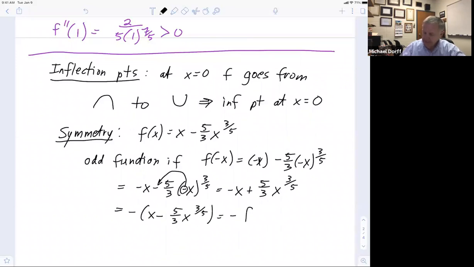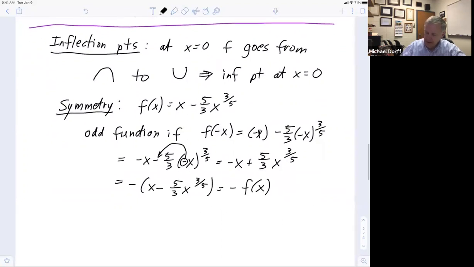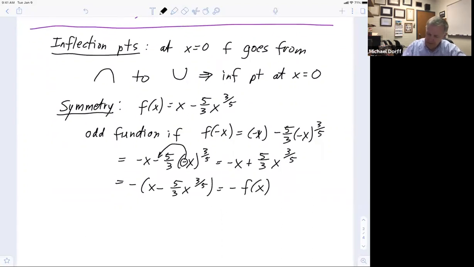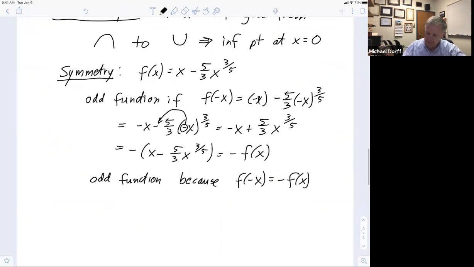And so that's the negative of f of x. And so it's an odd function because f of negative x equals negative f of x. And that means the graph is rotated about the origin.